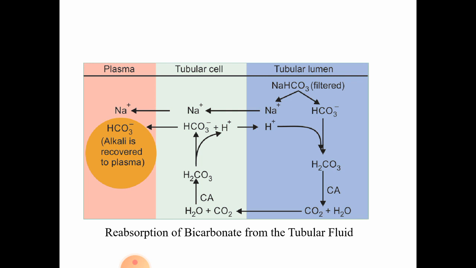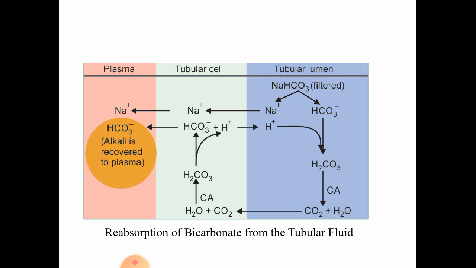When hydrogen reaches the tubular lumen, it can combine with the bicarbonate already present in the lumen, which is synthesized from sodium bicarbonate breaking down into sodium and bicarbonate. Sodium moves to the tubular cell, and this bicarbonate combines with the hydrogen in the tubular lumen to form carbonic acid.